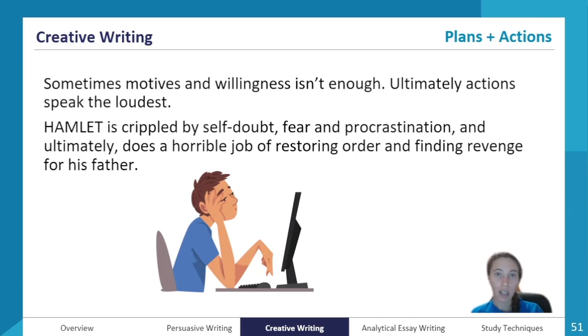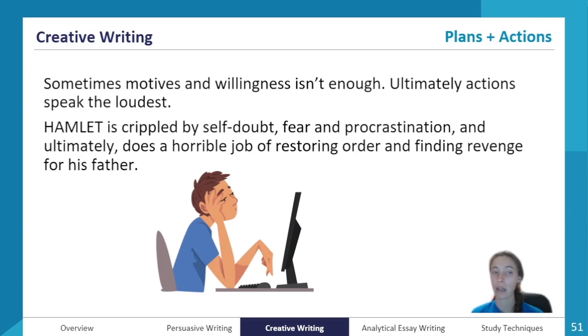There are plenty of things that we would love to have, would love to do, but we wouldn't actually be willing to go through with what is required in order to get that. So the actions are therefore speaking the loudest.